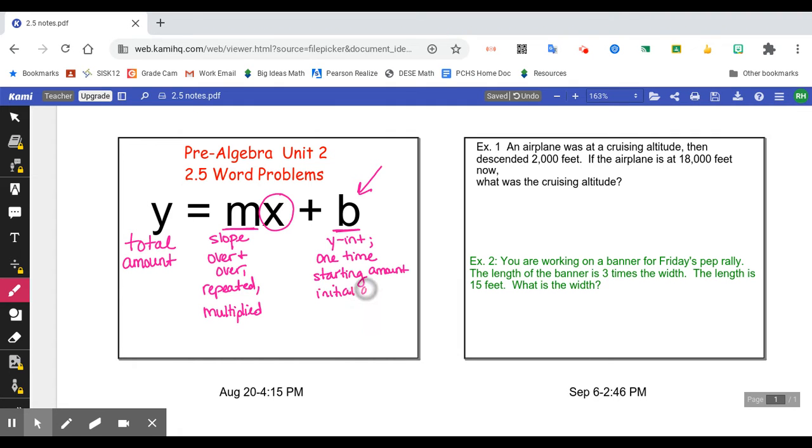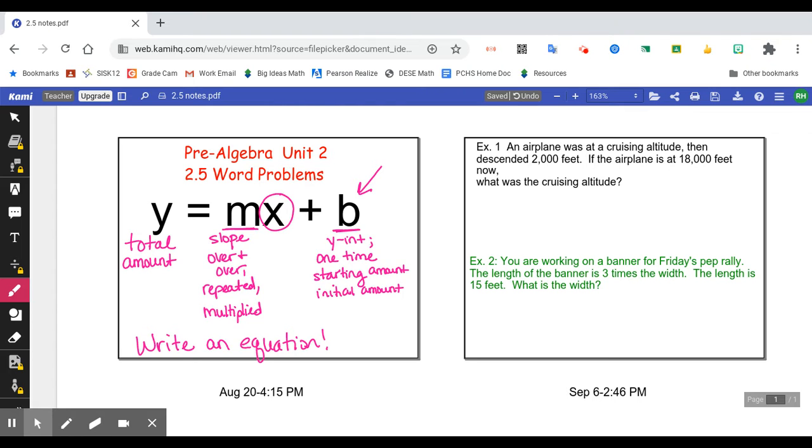So I want you to be thinking about numbers that happen one time and numbers that happen over and over again, okay? Some of them will be one step, some of them will be two step, but you need to be writing an equation for every single problem, okay? Meaning you have to have a variable in there. Okay, so let's get started.